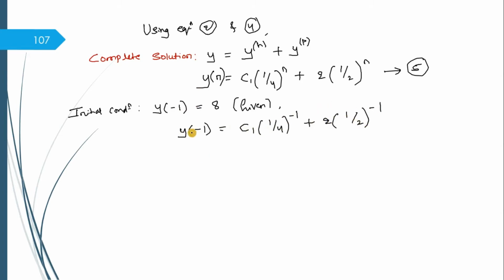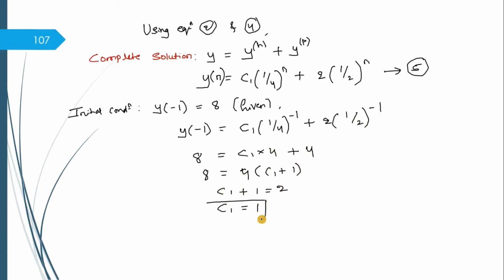So this is given as 8. This is equal to c1 into 4 plus 2 into 2, which is 4. So 4 I take common, I get 4 times c1 plus 1. This will give you c1 plus 1 is equal to 2. So c1 is equal to 1.